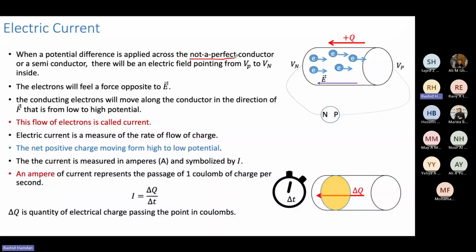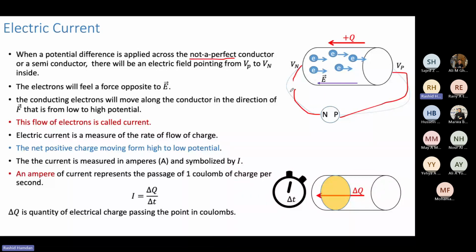I'm going to take this piece of conductor and connect it to the battery. I connect one side to the negative pole of the battery and the other side to the positive pole. Now there's going to be a voltage difference across this piece.